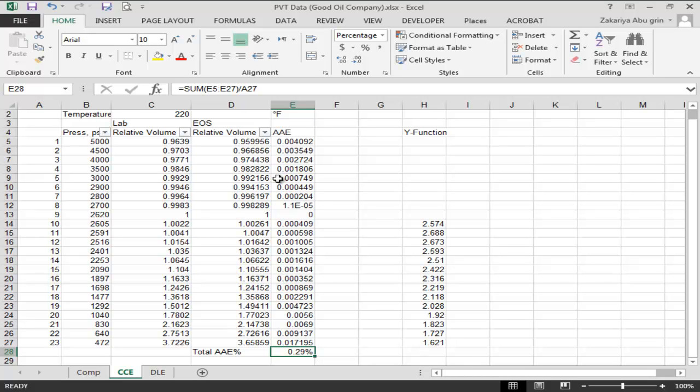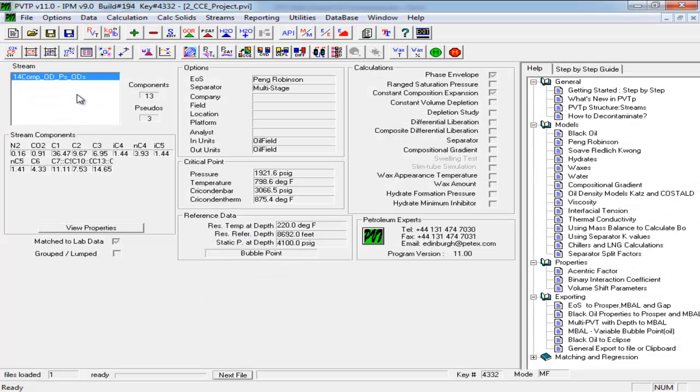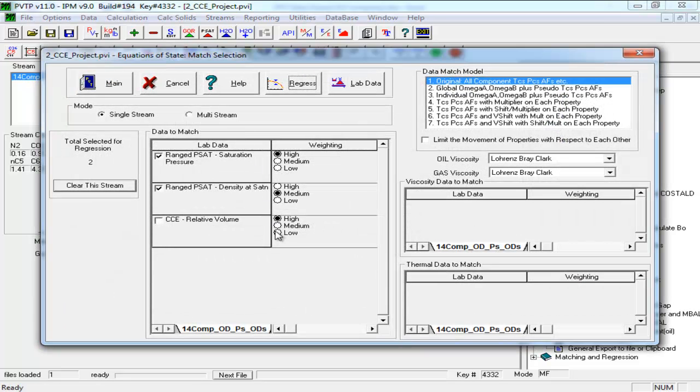In case that you have average absolute error more than 1%, it's better to match this to CCE data. How do you do it? You will need to go back to the software and go to the regression, give medium weight, and also include your CCE data in the auto regression.